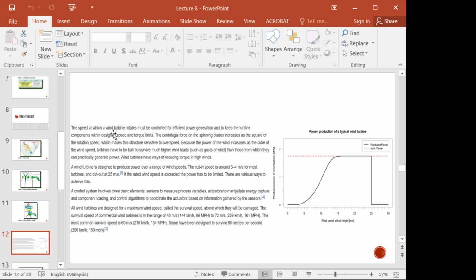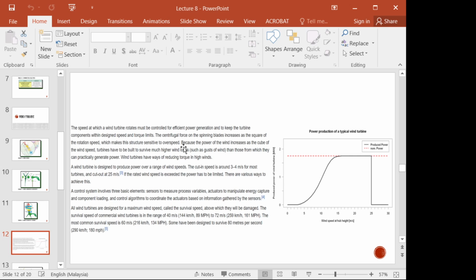Alright, the speed of a wind turbine must be controlled for efficient power generation and to keep the wind turbine components within design speed and torque limits. And the centrifugal force of the spinning blades increases as the square of rotation speed, which makes the structure sensitive to overspeed.